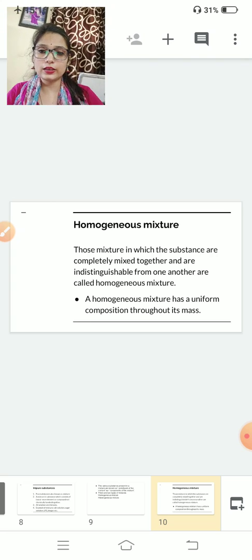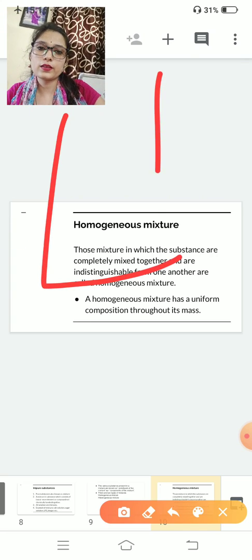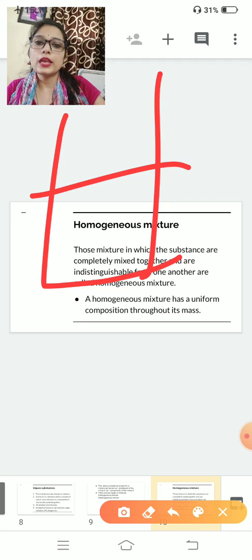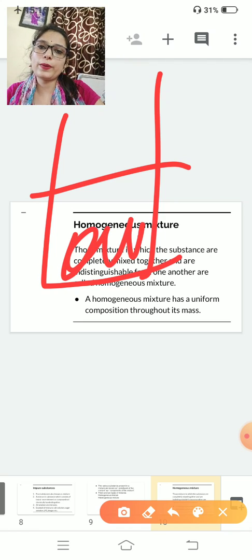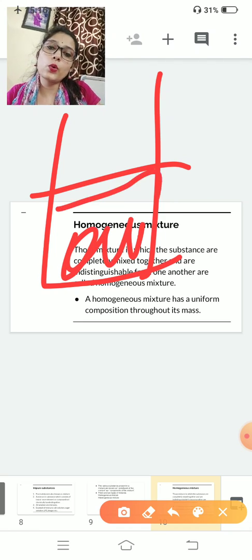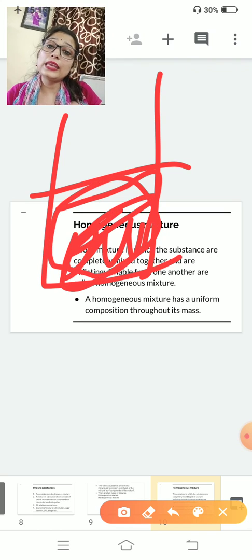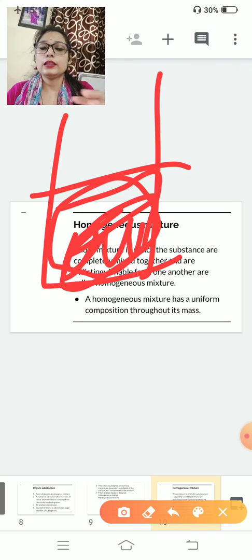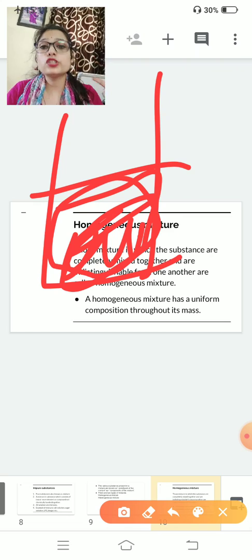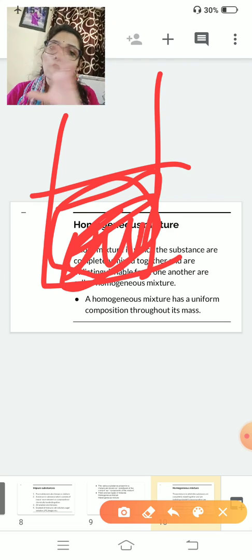For example, if I take water and dissolve potassium permanganate, after some time you will see the whole water become pink evenly. That means the potassium permanganate dissolves completely and evenly throughout the solution. You can't see somewhere it is more, somewhere light pink, somewhere dark pink.